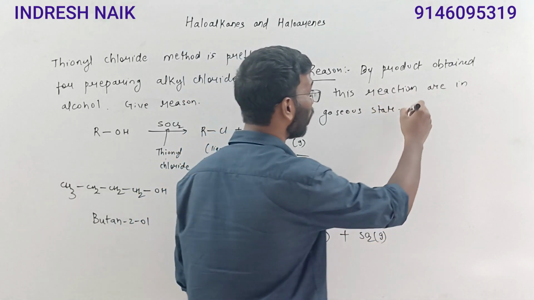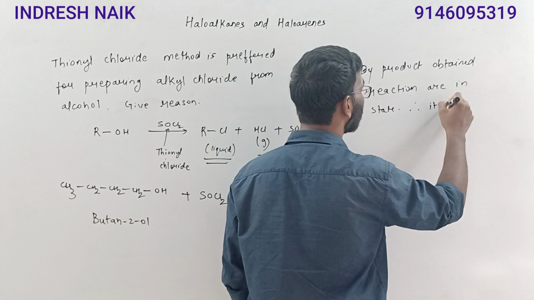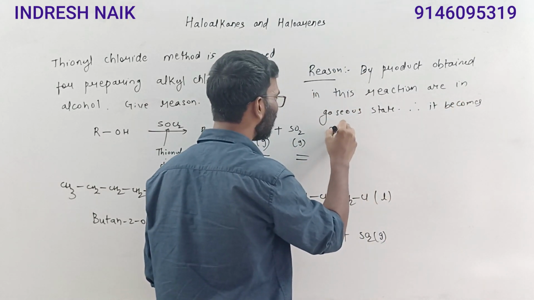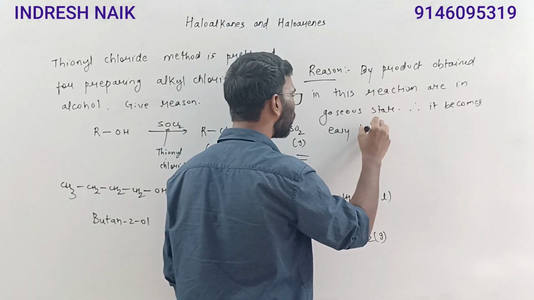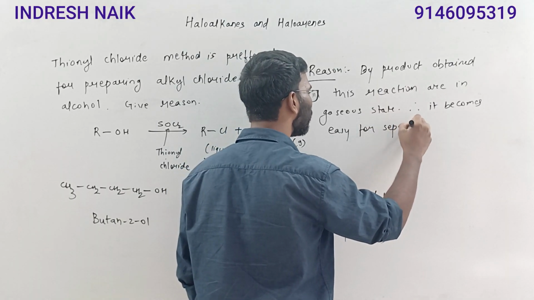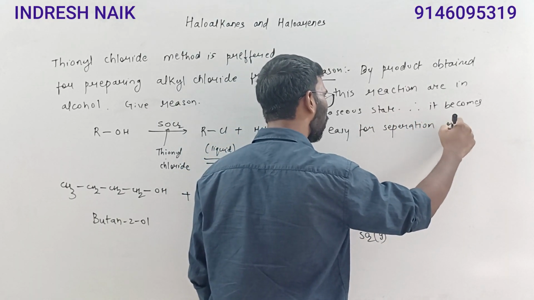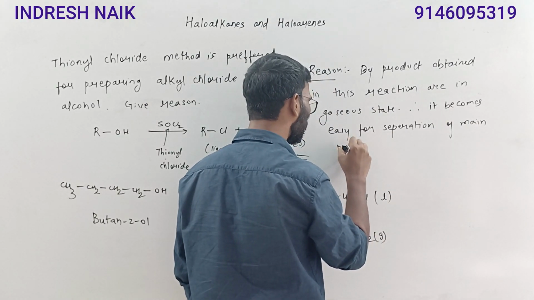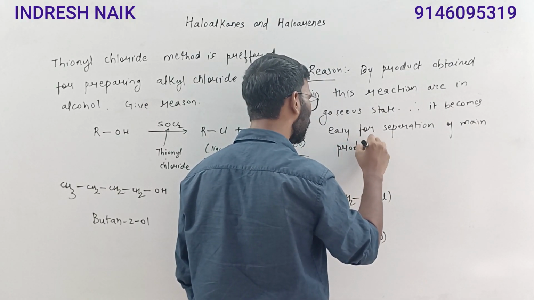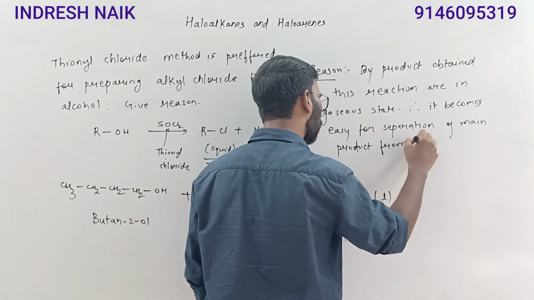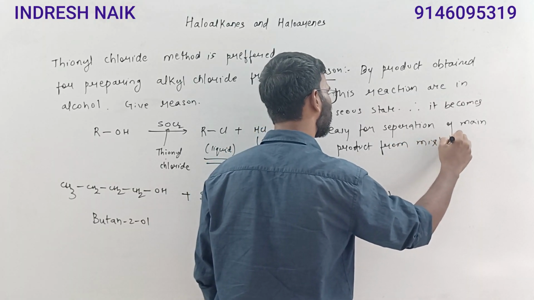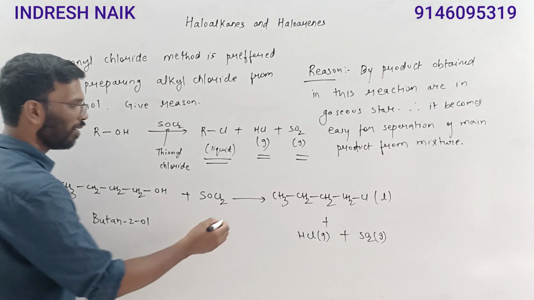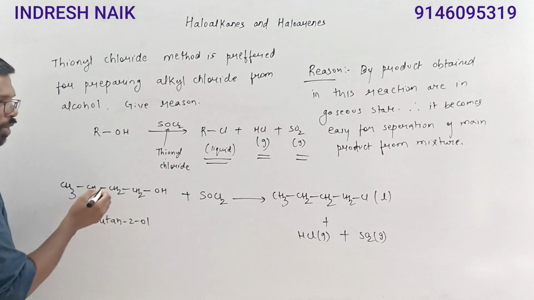Therefore it becomes easy to separate the main product from the mixture. That's why thionyl chloride is preferred to prepare a haloalkane.